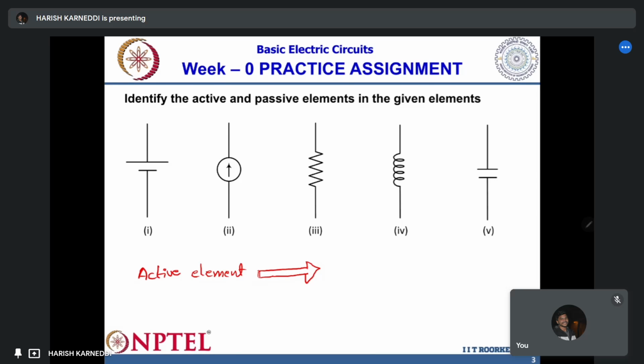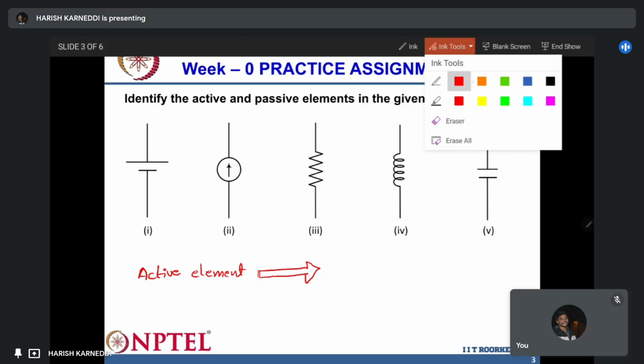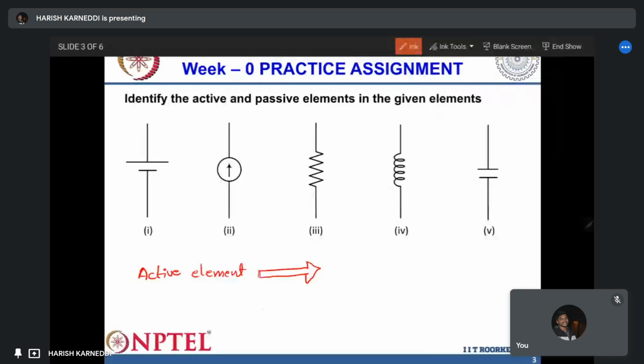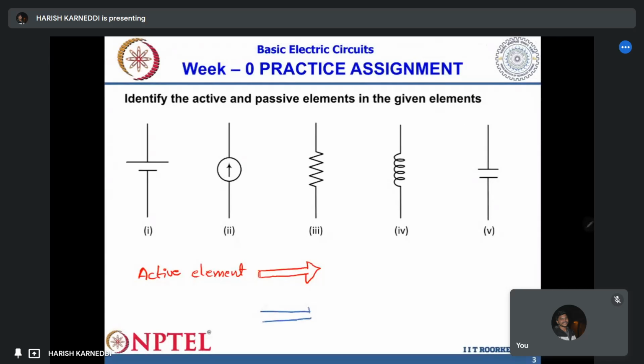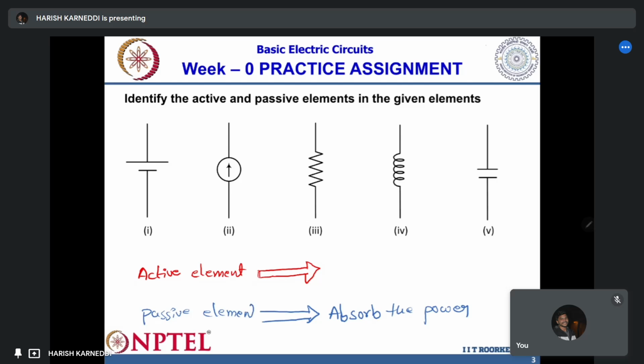And what is meant by a passive element? A passive element is the element which is going to absorb the power. Among these, which are active and which are passive?